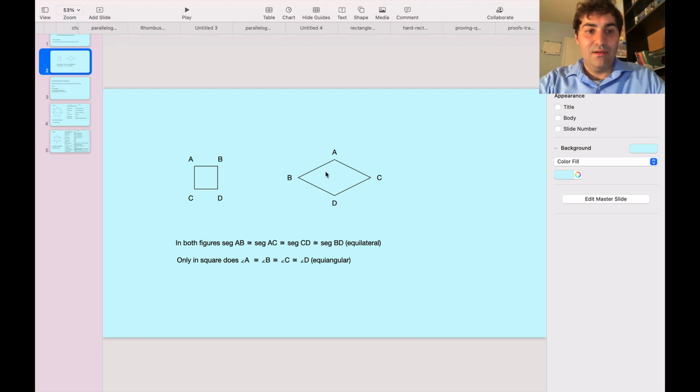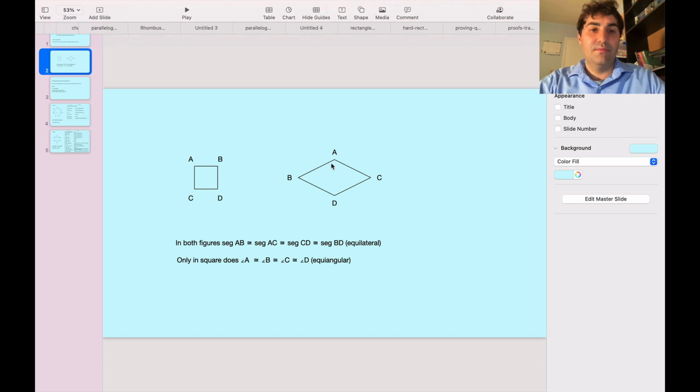for the rhombus, all the sides are going to be congruent because that's the definition of a rhombus, right? A parallelogram with at least two adjacent congruent sides. But not all angles are going to be congruent. And you can see this just by looking at the figure.